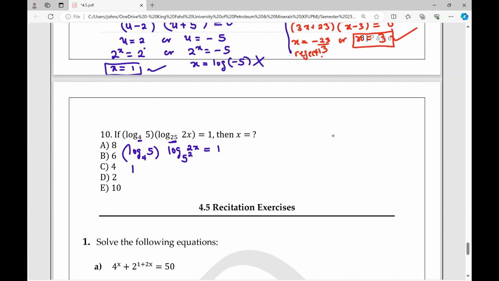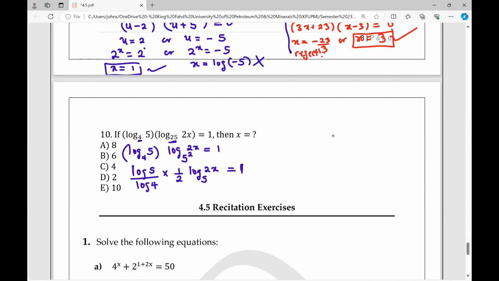This term I can write as log 5 over log 4, so I've gone to base 10. Now multiply this one here, I can have it as 1 over 2. Then it will just become log 5 of 2x. Everything equals 1.